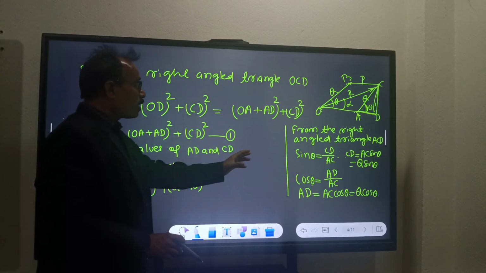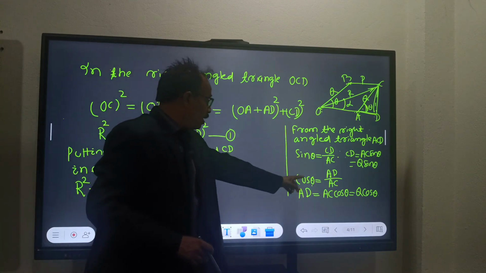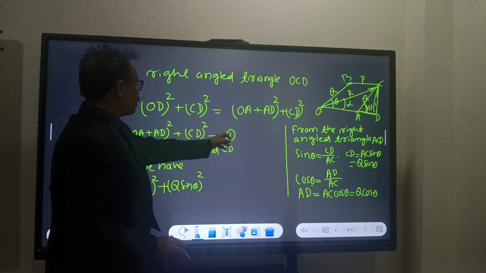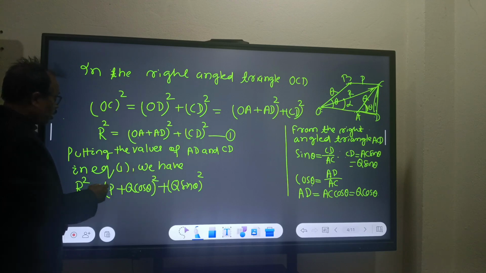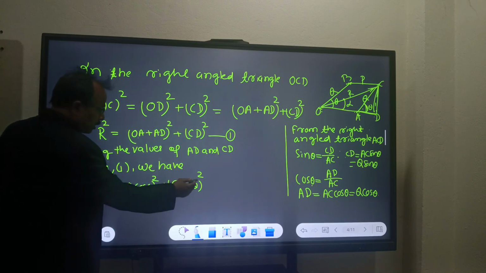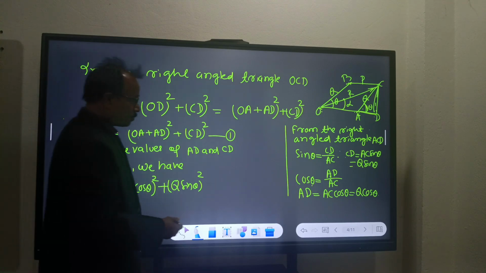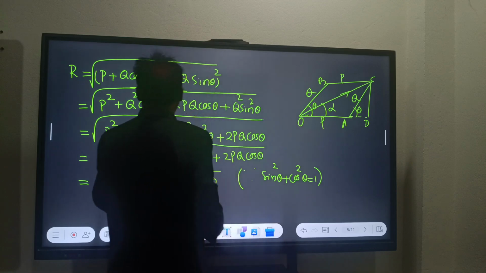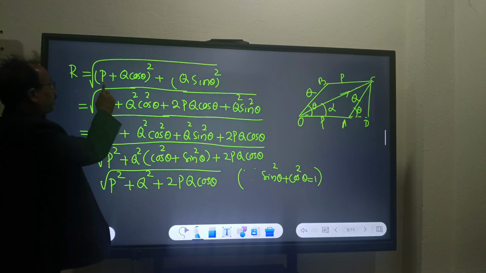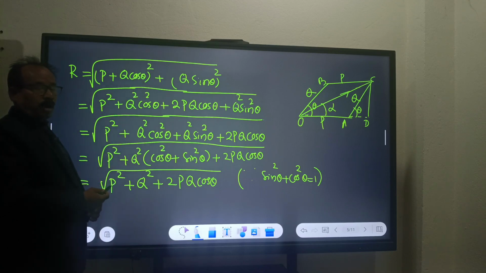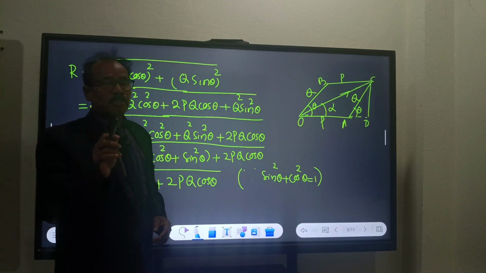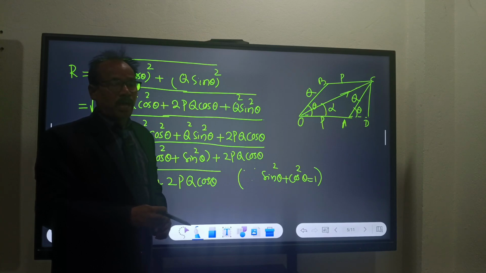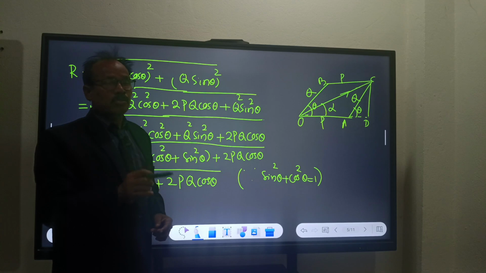Now, putting the values of CD and AD in equation 1, R square is equal to (P plus Q cos theta) square plus (Q sin theta) square. You know that (A plus B) the whole square is equal to A square plus B square plus 2AB.